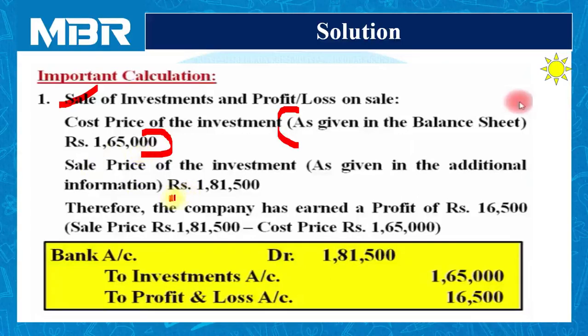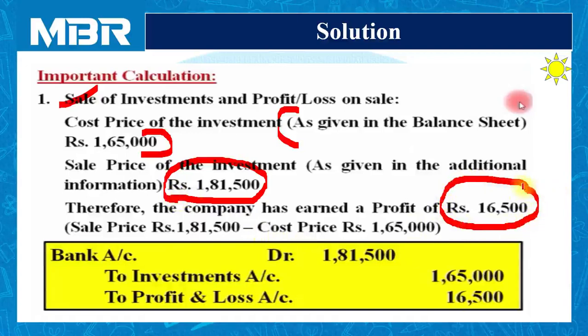Sale price of the investment is rupees 1,81,500. So very simple. Sale price is 1,81,500 and cost price is rupees 1,65,000. So in this transaction of selling of the investment, the company is earning a profit of rupees 16,500.